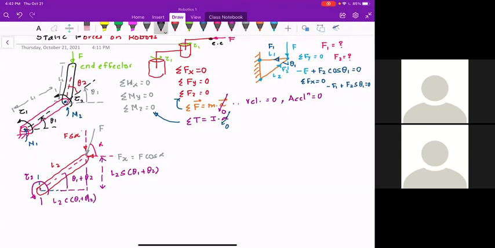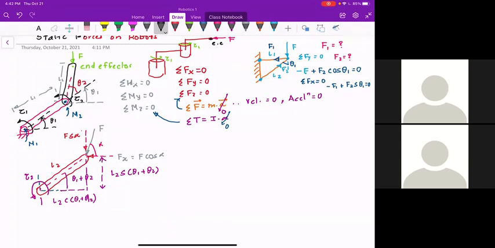So the first step is to draw the free body diagram. As the word says, free body diagram, we are going to free the bodies. So let's look at what forces and what moments are applying.